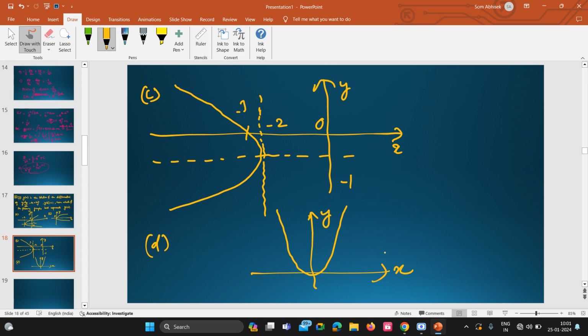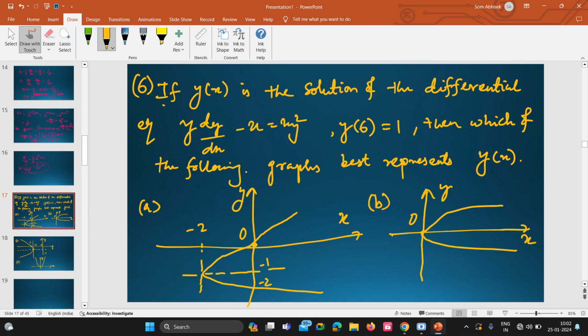Okay, is that all right? y(x) is the solution of the differential equation y dx by dy minus x is equal to 2y square.